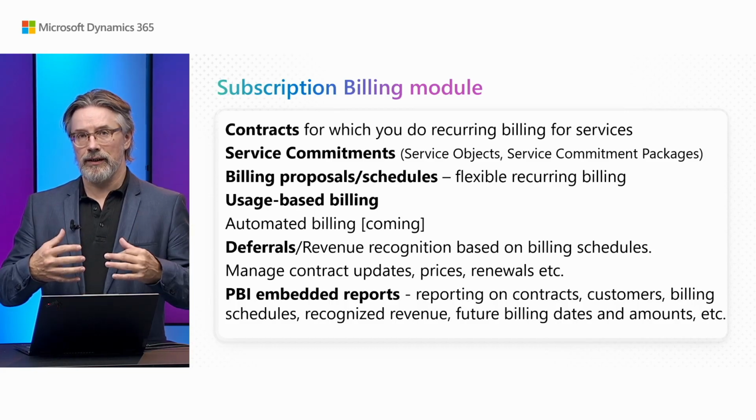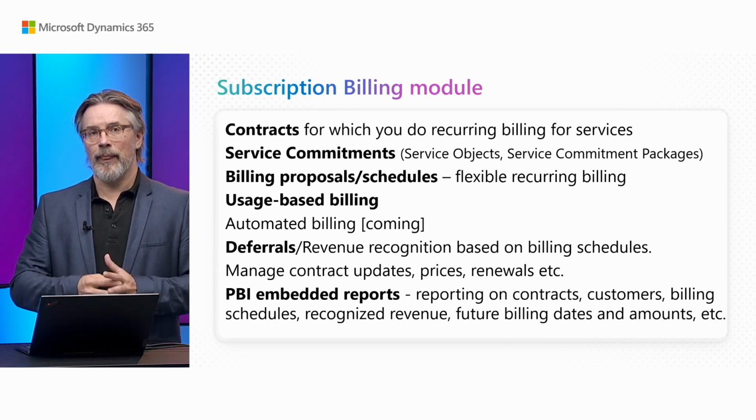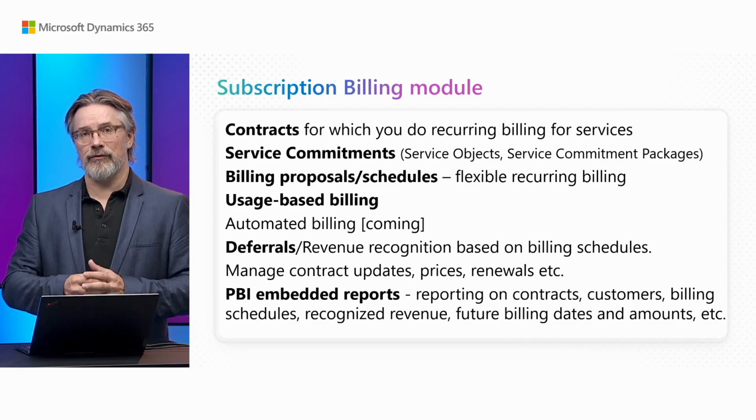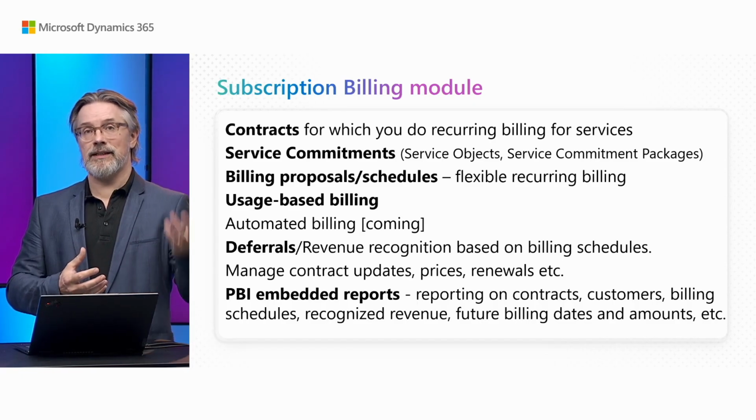You can generate billing proposals or schedules. Once you have a contract set up, you can get the system to generate either the next invoice or the next set of invoices, or you can do the next invoice for an extended period if you need to. So it's very flexible in what you can do there.